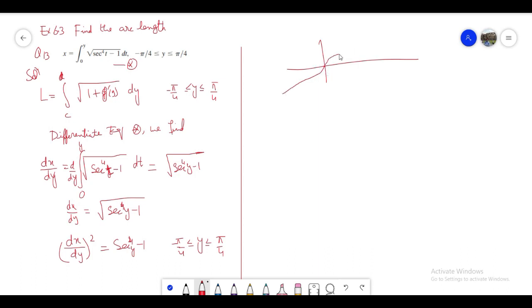This is the x axis and this is the y axis, and we are working with y, so this is minus pi by 4, and somewhere here is plus pi by 4, and x is given from 0 to y, secant raised to power 4 t minus 1 dt.